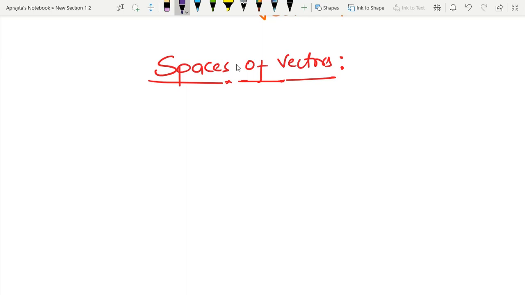So we have defined vector space in the following way. I have vectors V, F is the field, and we have two operations called vector addition and scalar multiplication.